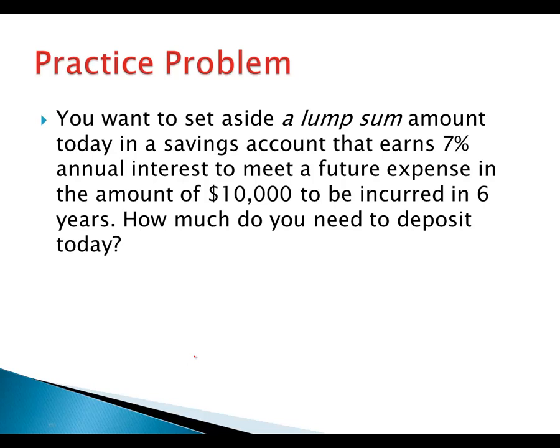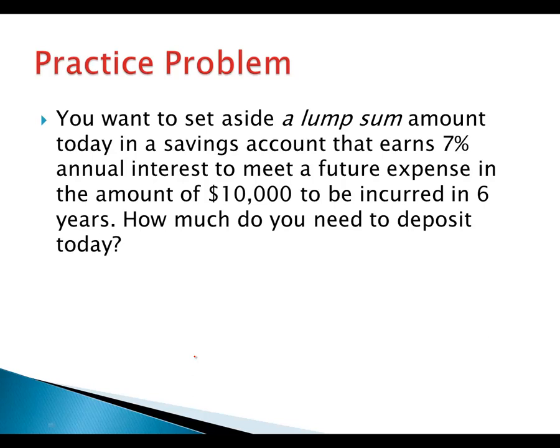Another practice problem, if you want to set aside a lump sum amount today in a savings account that earns 7% annual interest to meet a future expense in the amount of 10,000 to be incurred in 6 years. How much do you need to deposit today? So we would like to find the present value given 7% interest and future value of 10,000 over 6 years.